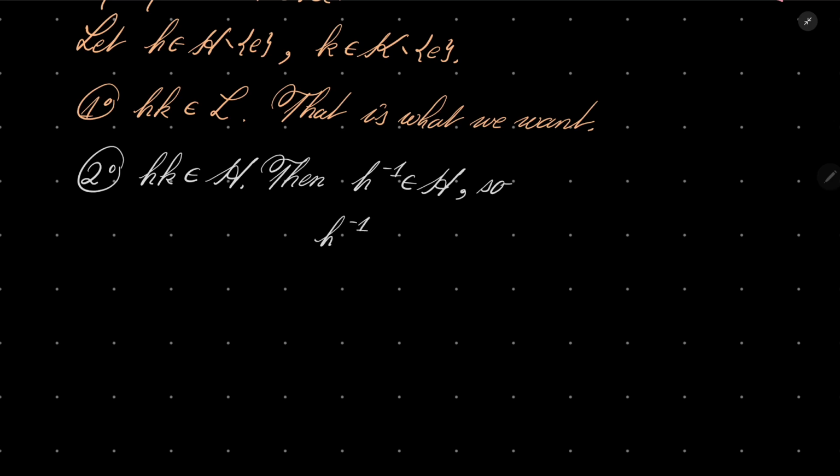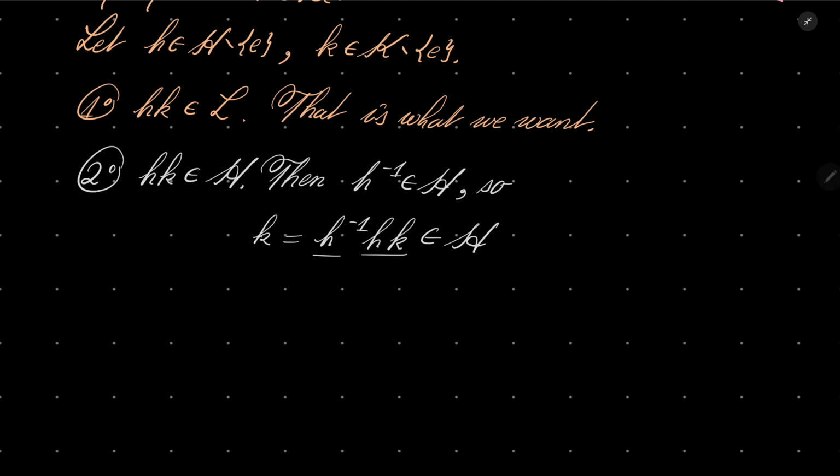H inverse hk, also known as k, is also in H. How do I know that? Well, if I multiply two elements of a subgroup, their product is again in our subgroup.